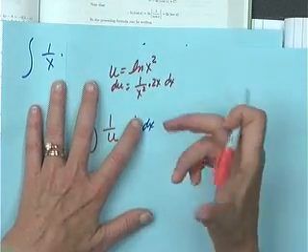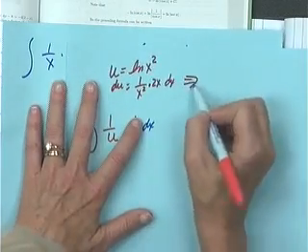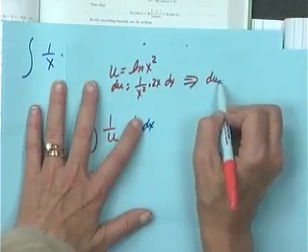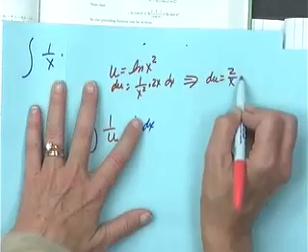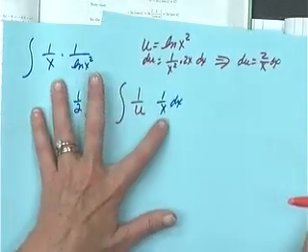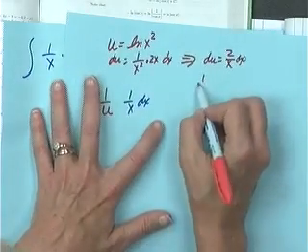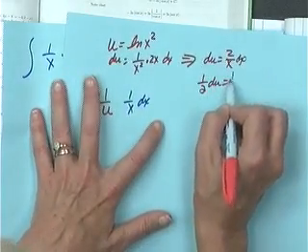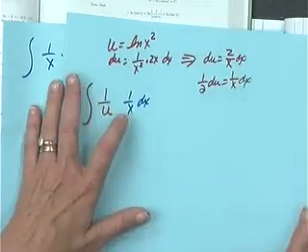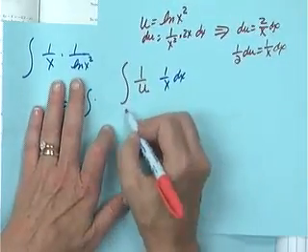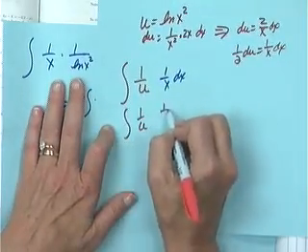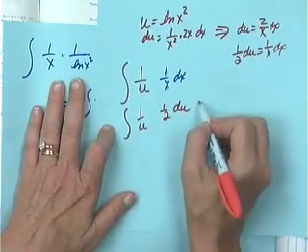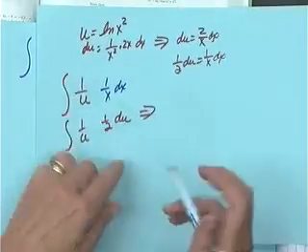Okay, and let's see here. That simplifies to du equals 2 over x dx. So you get 1/2 du equals 1 over x dx. Correct. So you get the integral 1 over u, 1/2 du. All right, yeah, that's equivalent.